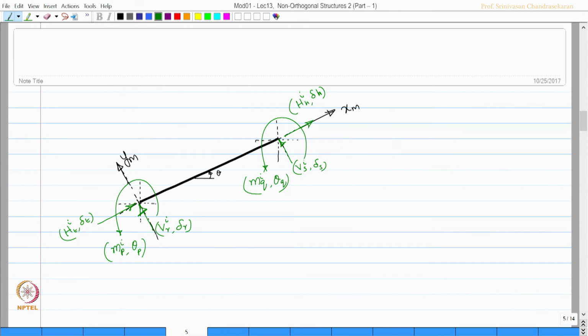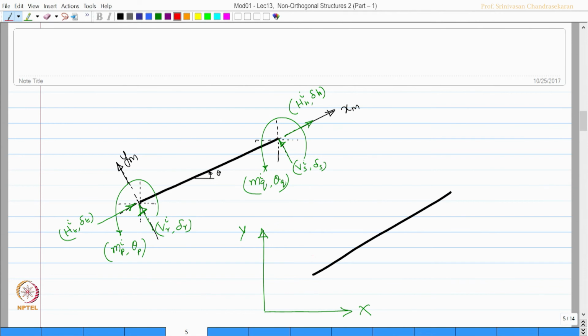Okay. This is similar to a fixed beam which is arbitrarily oriented. Let us now try to map this with reference to the reference axis which is x y.